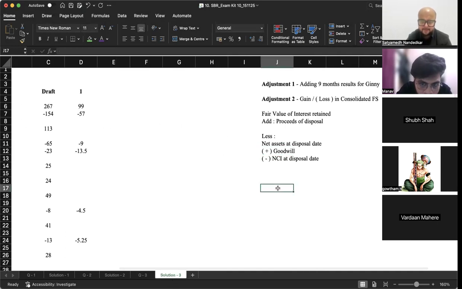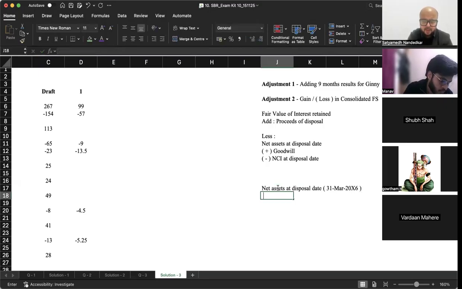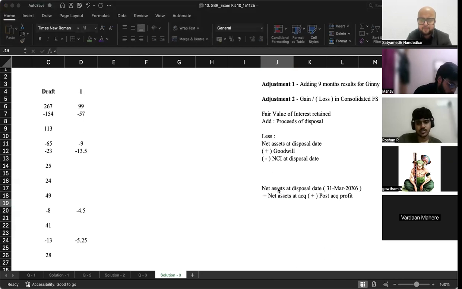So, net assets at disposal date. Disposal date is 31st March 2006. How will we do it? We could start with net assets at acquisition plus post-acquisition profit, or reduce 3 months from June. Whatever works for you.